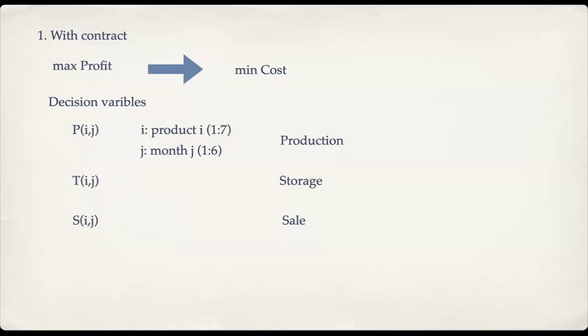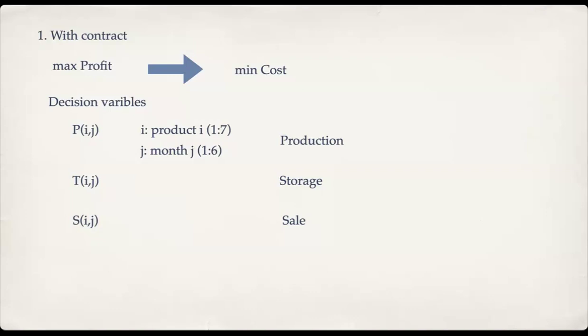What about our decision variables? We have decision variables on the production. What product, product i, and which month? How many of product i to produce in month j?